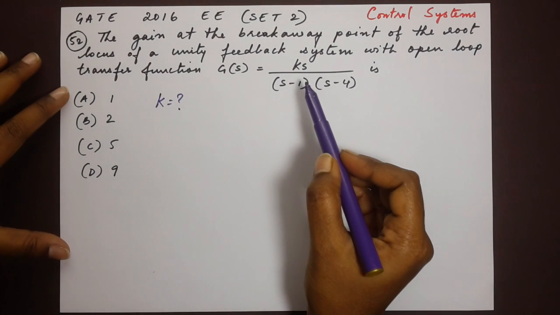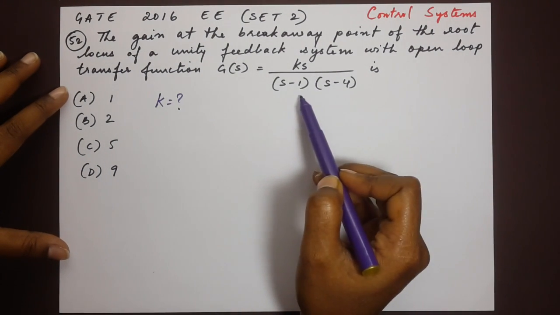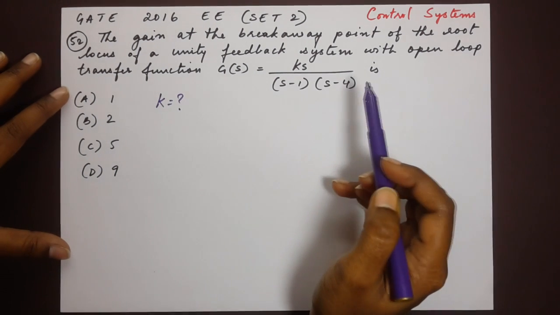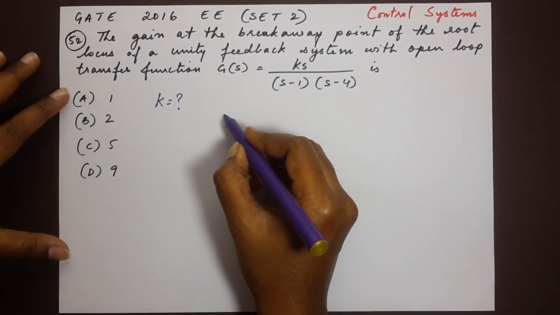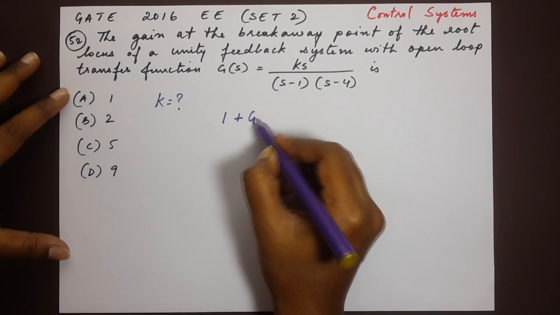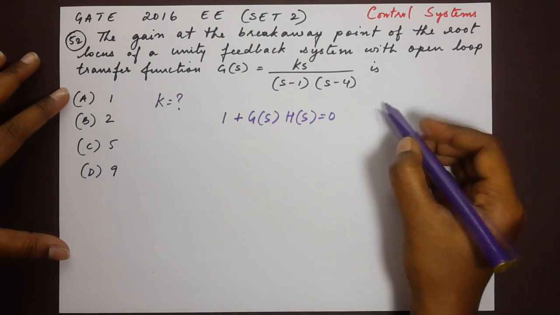Let's start with what's given to us. G(s) = Ks / ((s - 1)(s - 4)). Now since we are working with an open loop transfer function, the characteristic equation is given as 1 + G(s)H(s) = 0.